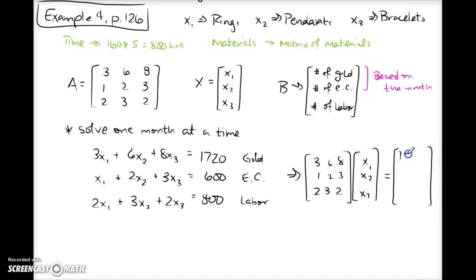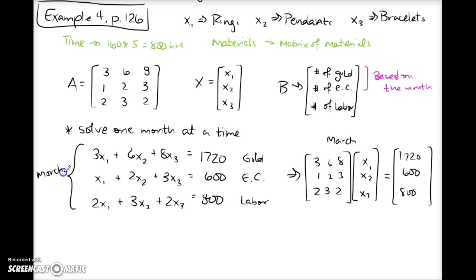That B is going to be 1720, which is a number of grams of gold, 600 grams of enameling compound, and 800 hours of labor. And this is just for the month of March. So all this is talking about the month of March.